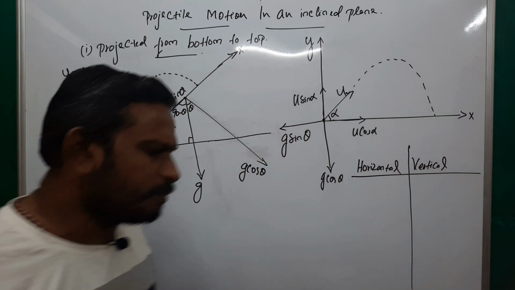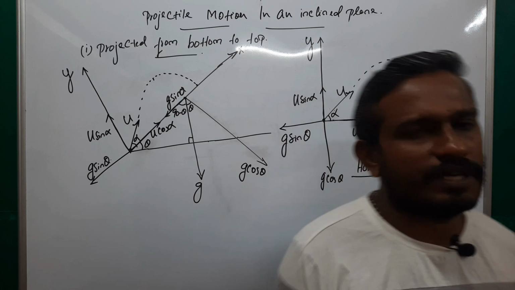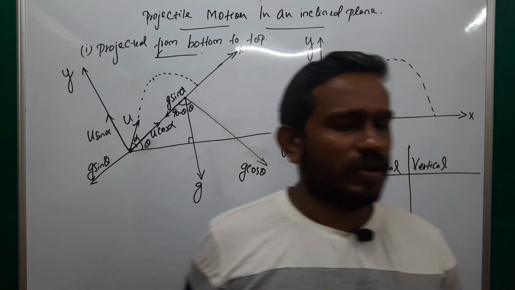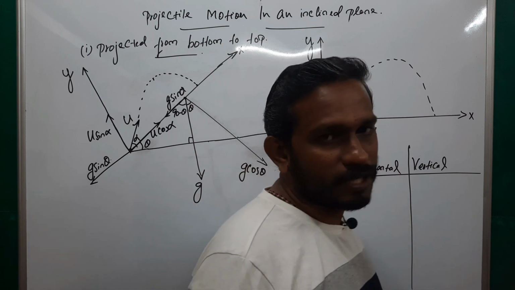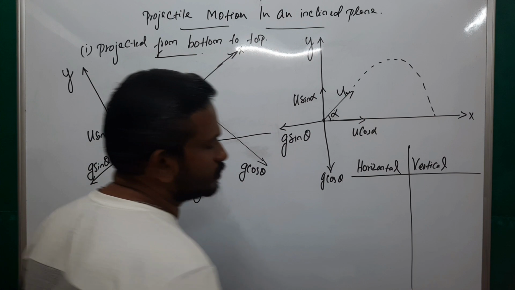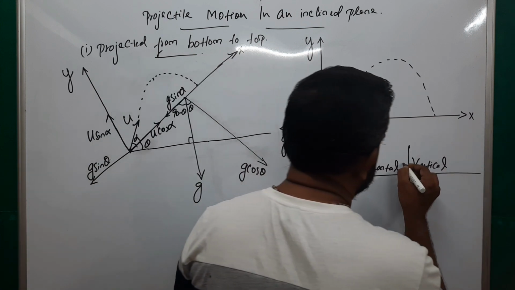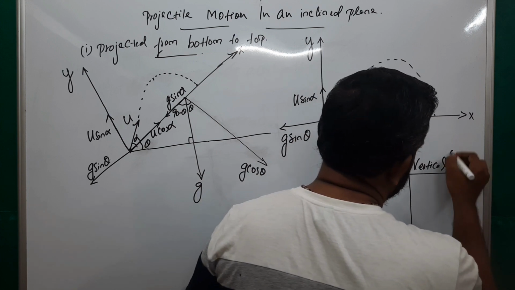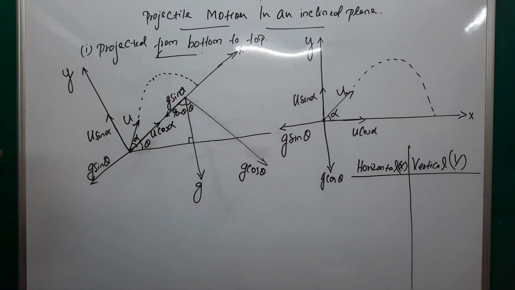Very important: the horizontal motion is the motion along the x-axis, and the vertical motion is the motion along the y-axis.